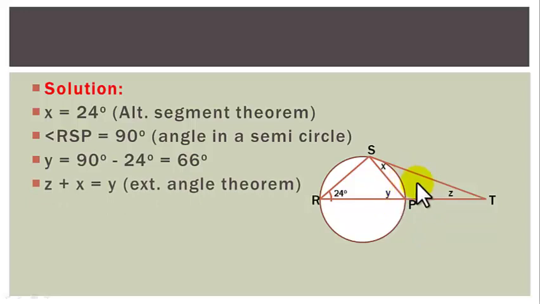So by the exterior angle theorem, the exterior angle of a triangle is equal to the sum of the two interior opposite angles. That is, Z plus X is equal to Y. That is, Z equals Y minus X, which is equal to 66 minus 24, and that is equal to 42 degrees.